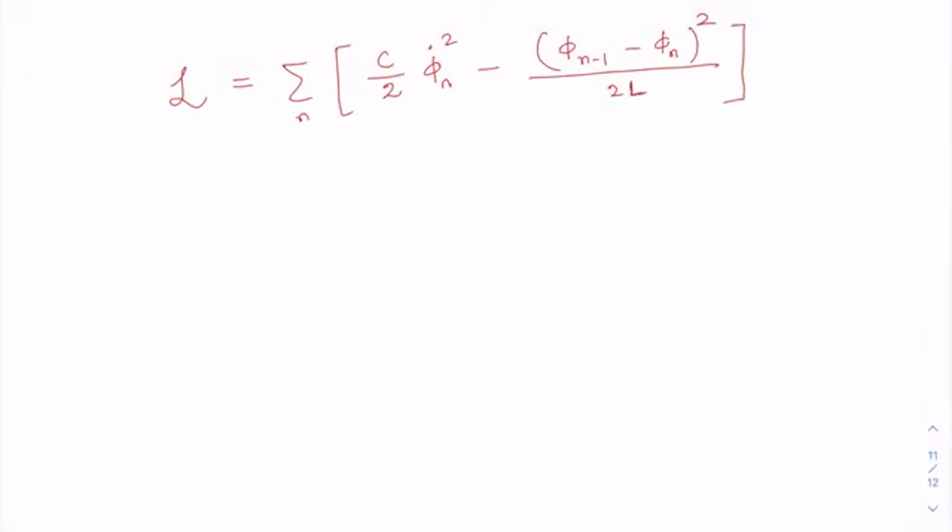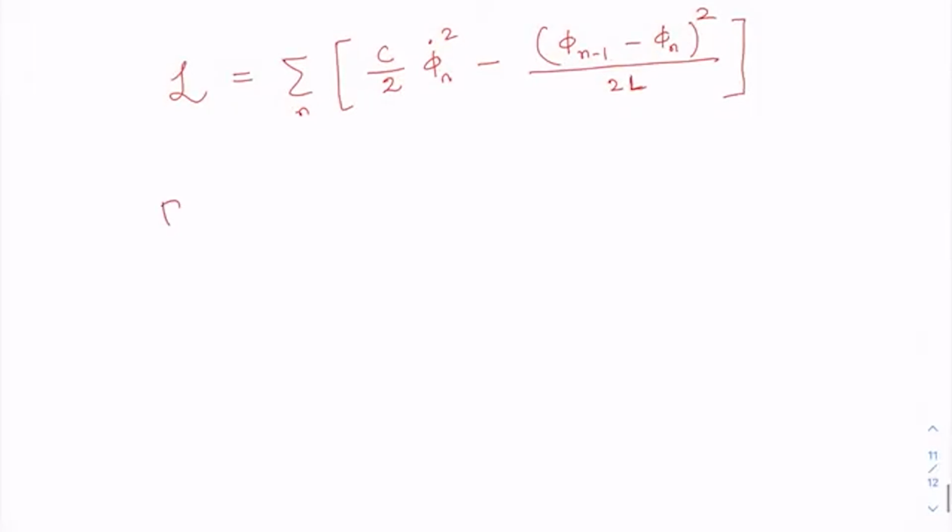Now the conjugate momentum, from this Lagrangian, we can write as P_n = ∂L/∂φ̇_n. φ_n, the magnetic flux, is our coordinate, so from it we can see that this would be simply C φ̇_n, which is nothing but the charge Q_n.